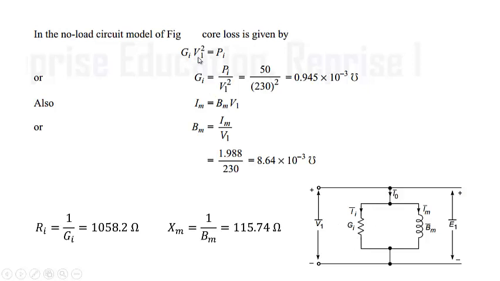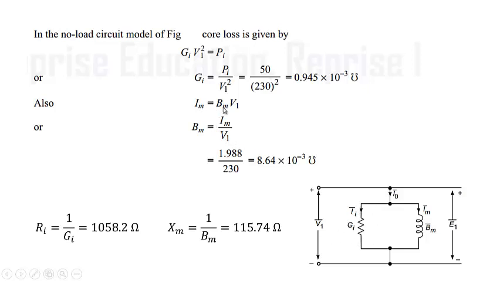So Gi is equal to Pi by V1 squared. Pi is 50 divided by 230 squared, this is equal to 0.945 into 10 to the power minus 3 mho, Siemens or ohm inverse. So Ri will be equal to 1 by Gi, that is equal to 1058.2 ohms. This is the value of the resistance, which is nothing but modeling the core loss by a resistance.